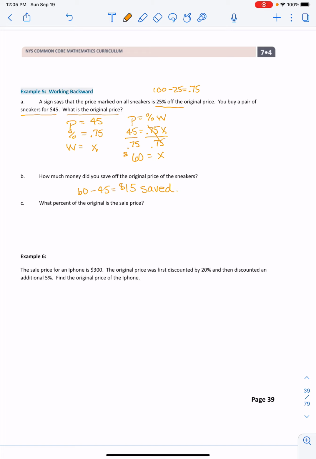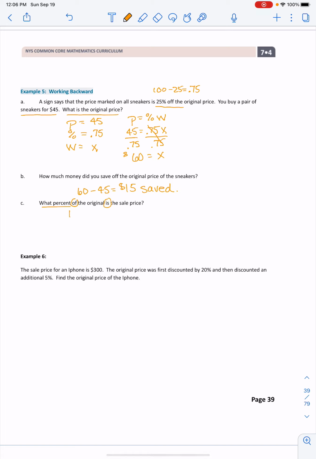It says, what percent of the original is the sale price?